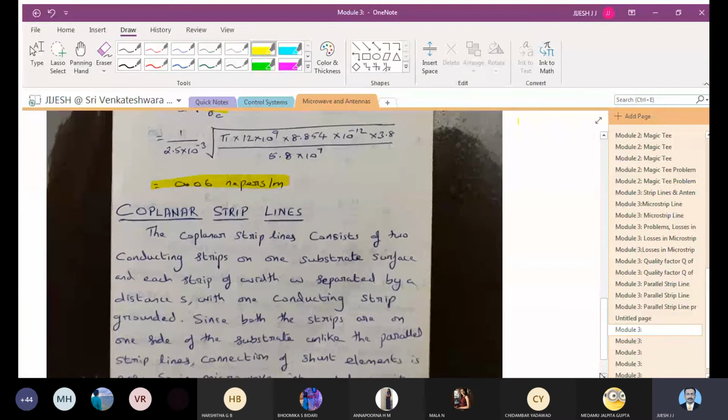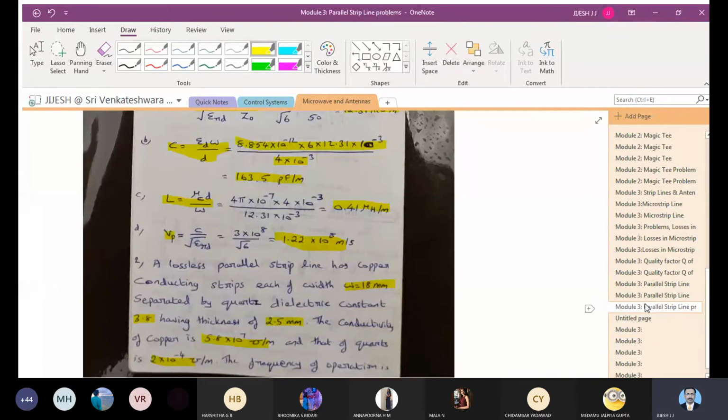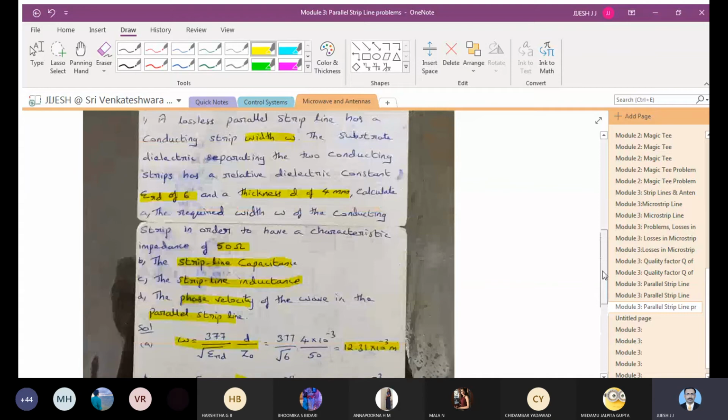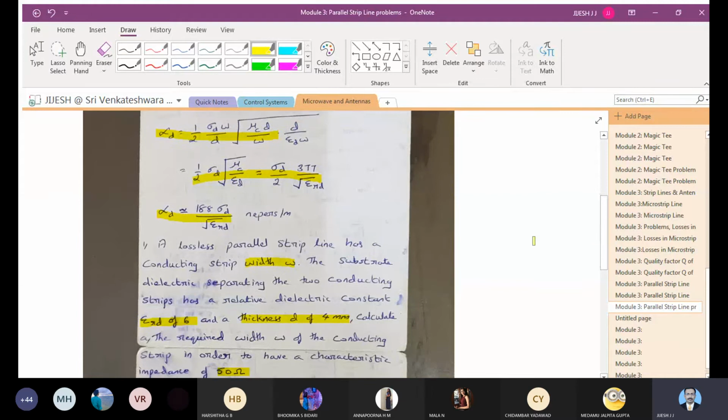So same way as that of alpha C, you have to use the equation and substitute the values. Here we have written alpha D is approximately equal to 188 sigma D by epsilon RD, or you can use this equation also.